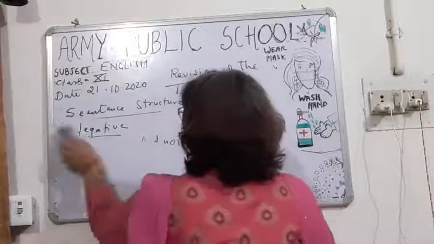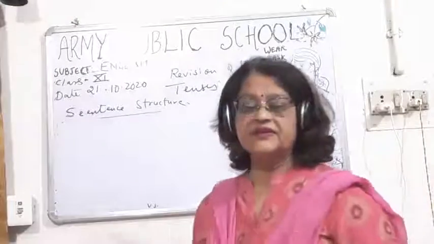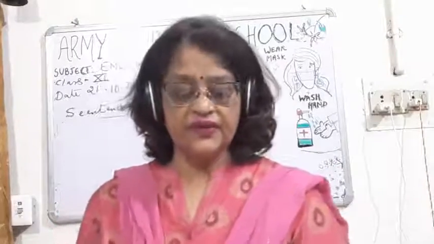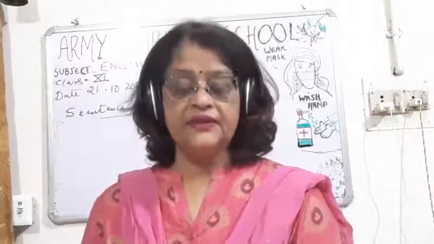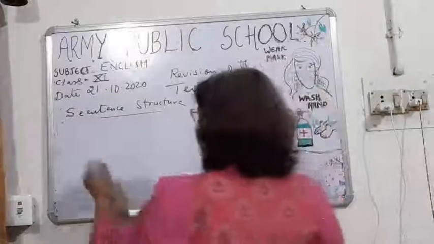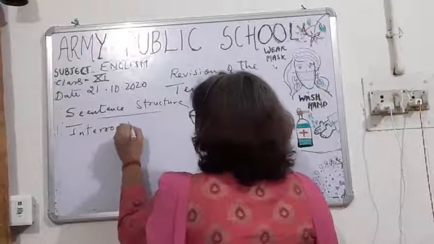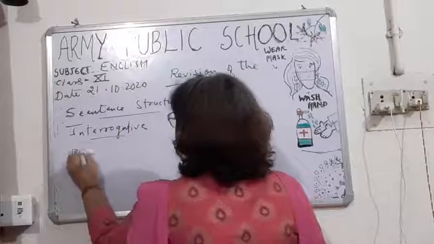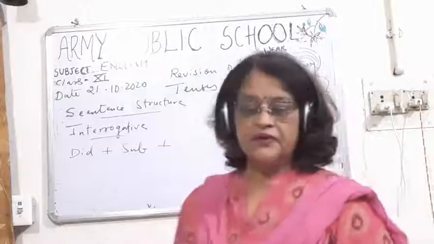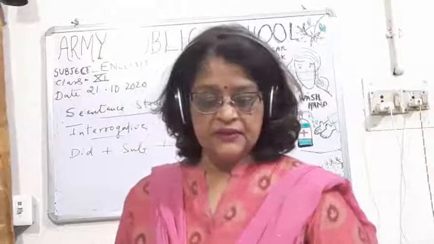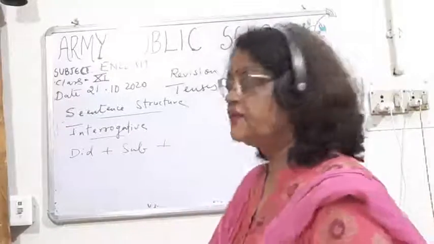Now I will be talking about the interrogative sentence, and in an interrogative sentence the auxiliary verb always comes first, and here the auxiliary verb is did only. So with interrogative, it is did plus subject plus V1.